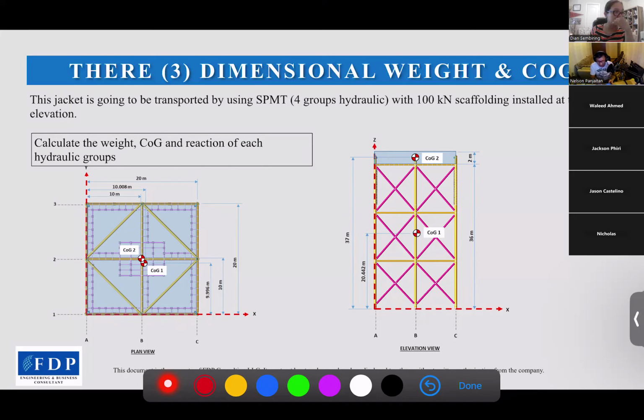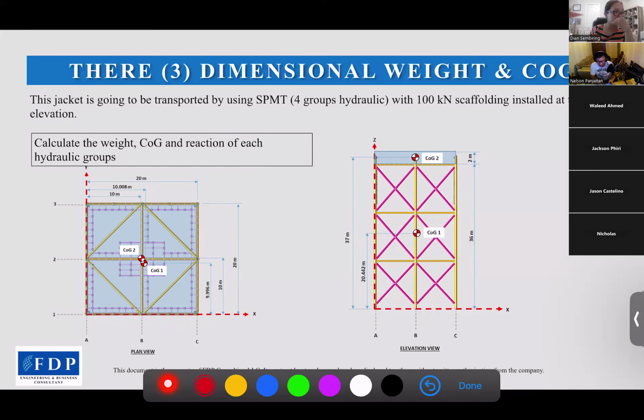We plot the COG for each item. For the plan view, COG one is 10.008 meters from our origin point in the X direction, while COG two is at 10 meters.